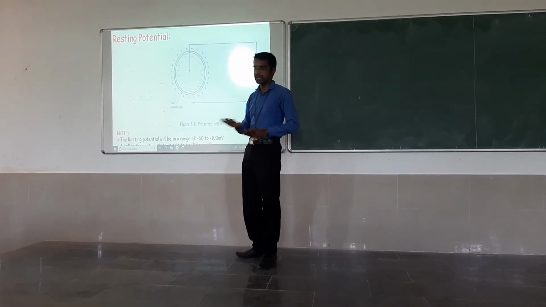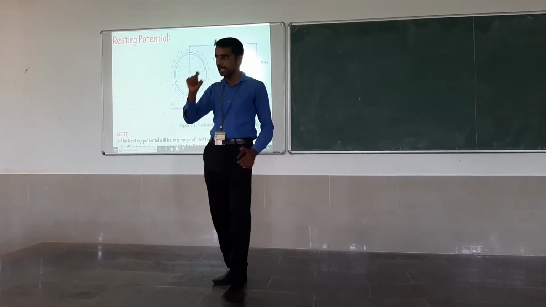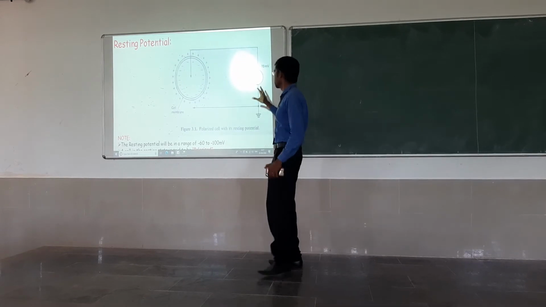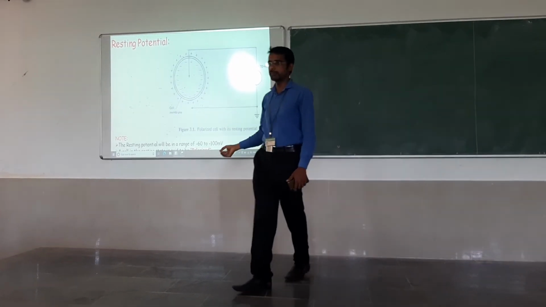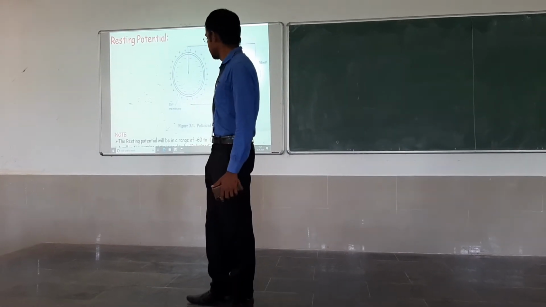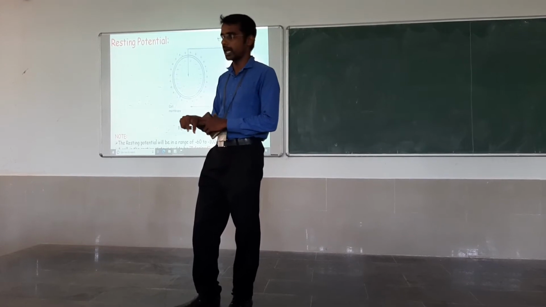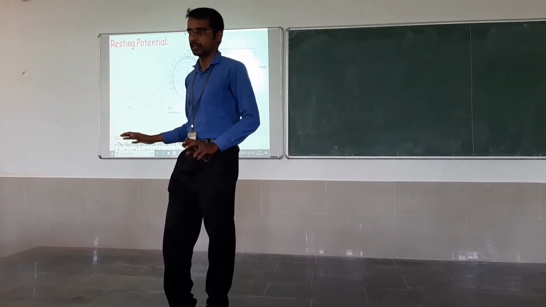This is at rest. So at rest, when you take one cell and measure through a voltmeter or some other means, it is going to give a negative voltage like 70 millivolts. This potential which is measured in the human body at rest is called the resting potential.